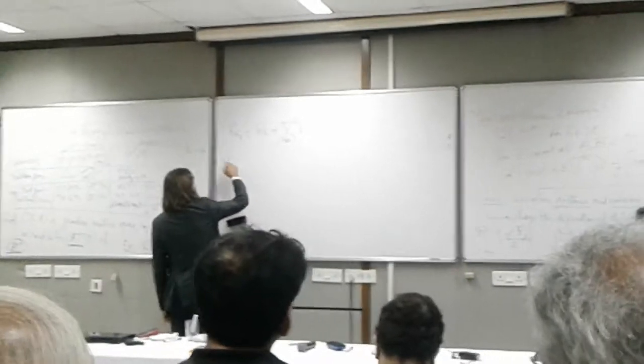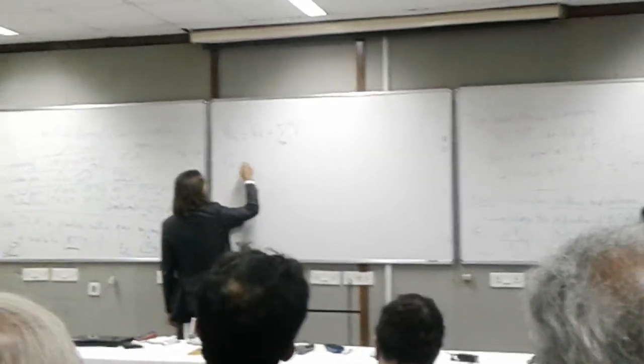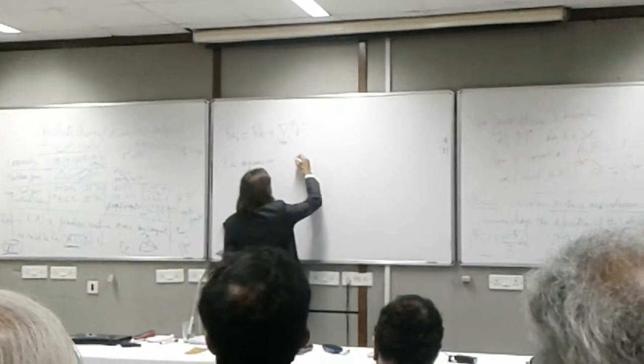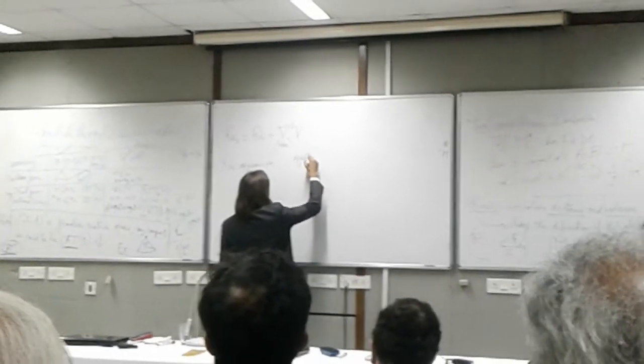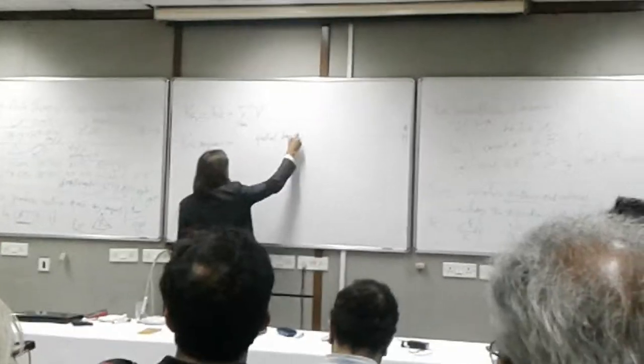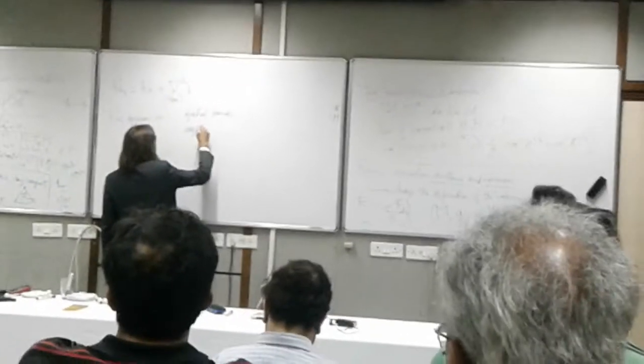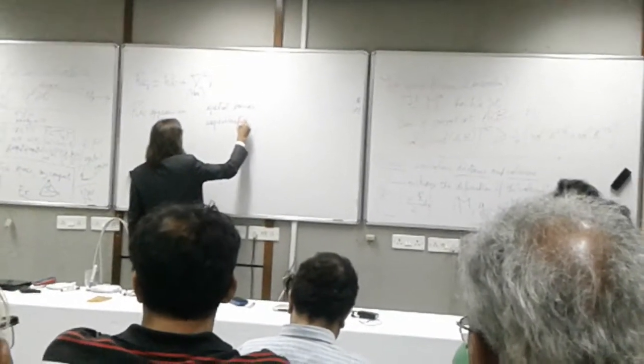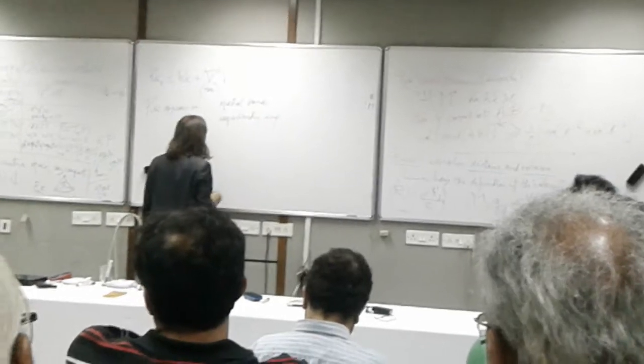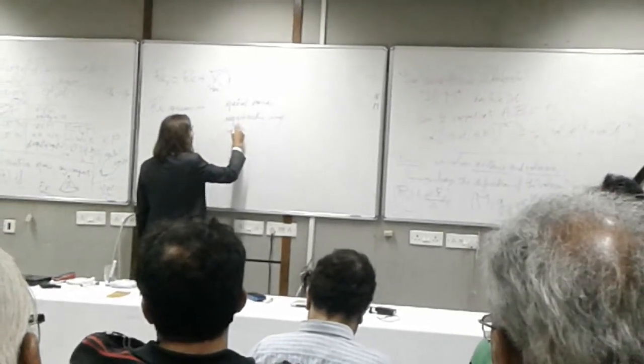So Ricci appears in spectral bounds, isoperimetric inequalities. It appears in volume comparison.